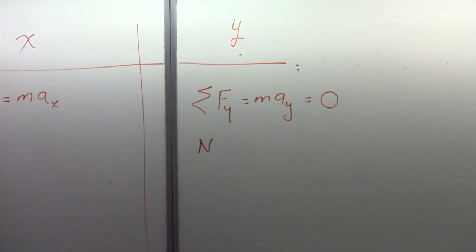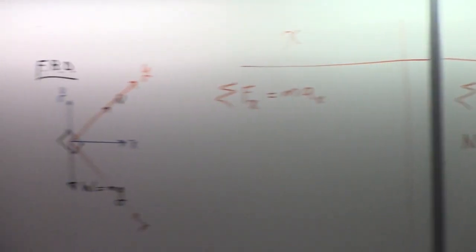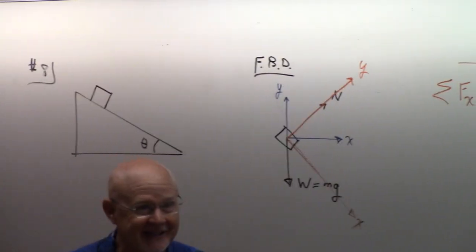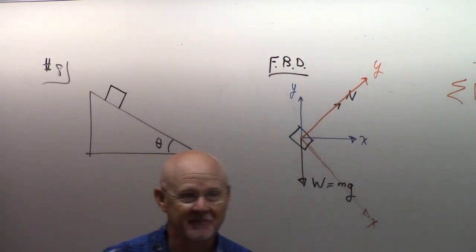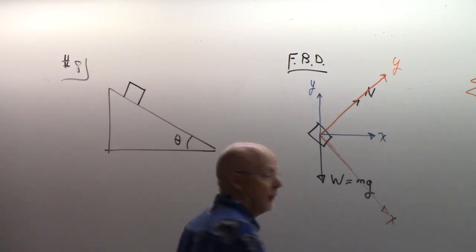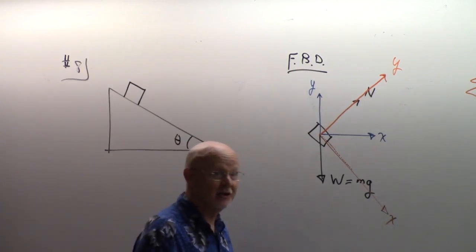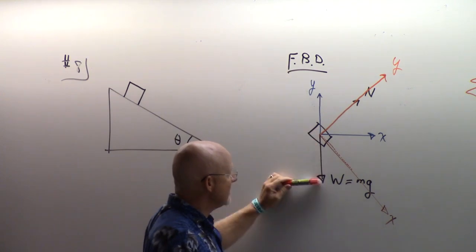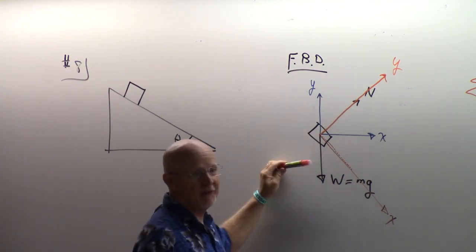I would say that's the other benefit of this tilted axis. It makes finding the components of the normal force really easy. They're all y and no x. However, there is a price to pay. When you tilt the axis, notice weight is no longer in the negative y direction.